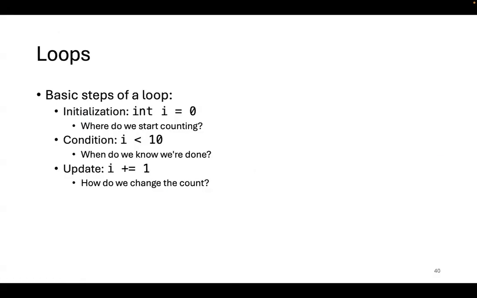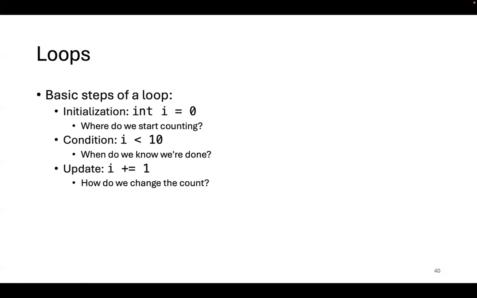The way we get there is we have to understand the basic steps of a loop. This is true both in Java and in Python. Python kind of just hides this information from you, but it's still there under the hood. The basic steps of a loop: we need to initialize to say where we are going to start.